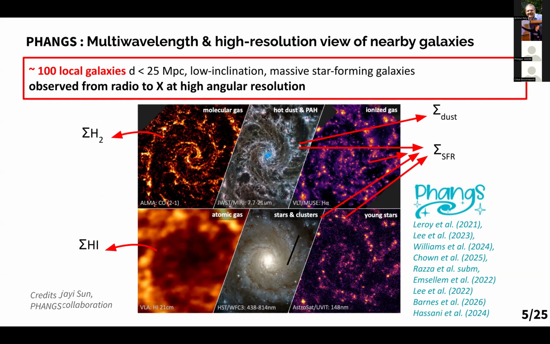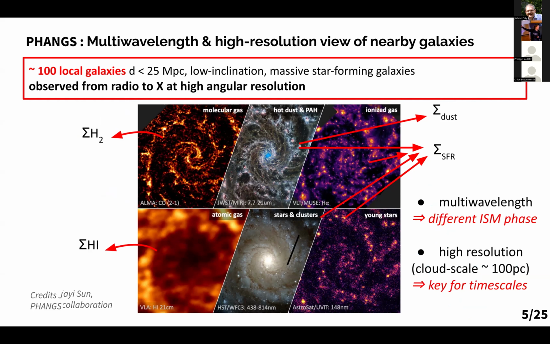With ALMA, you can probe the molecular gas, assuming some conversion of CO into H2. With VLA observations, you can probe the atomic phase at a somewhat lower resolution. JWST is providing a view of the dust component, and you have access to a variety of tracers of recent star formation from the mid-infrared up to the UV.